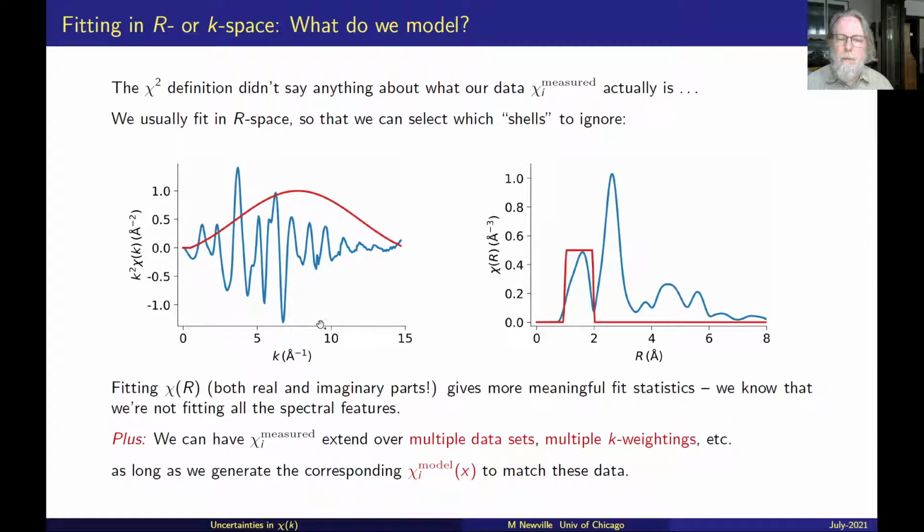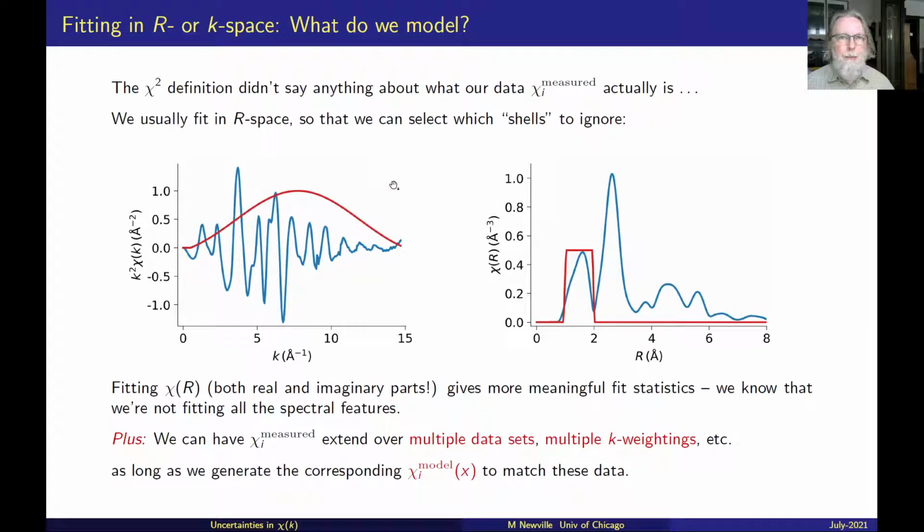So we'll fit the chi of R, both real and imaginary parts, not just the magnitude, because this gives much more meaningful fit statistics. We know that we're not, but by doing a band limit, by fitting in R space, we know that we're not trying to fit all the spectral features. So that best fit that we had for iron oxide for shell was clearly the best fit because we ignored all of these higher shells.